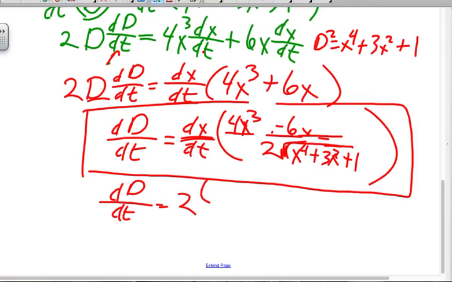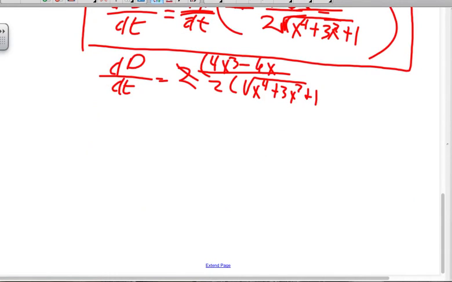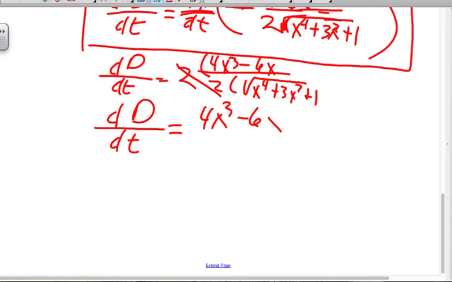So we just leave our 4x cubed plus 6x over 2 times the square root of x to the 4th plus 3x squared plus 1. Those 2s go away, so the rate of change of this with respect to time will be 4x cubed plus 6x over the square root of x to the 4th plus 3x squared plus 1.